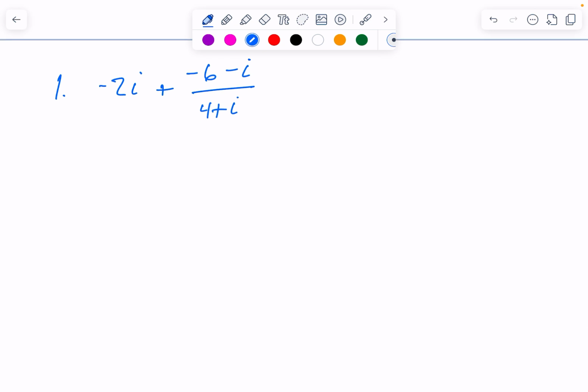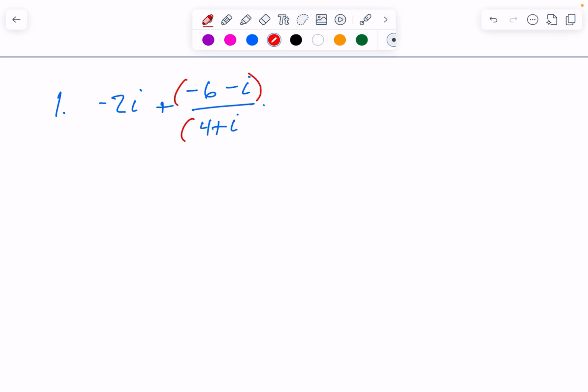So I'm probably going to start out with the conjugate. So I'm going to do lots of parentheses, 4 minus i, 4 minus i. This is straight; there's a GVC question just like this one. I'm going to distribute.